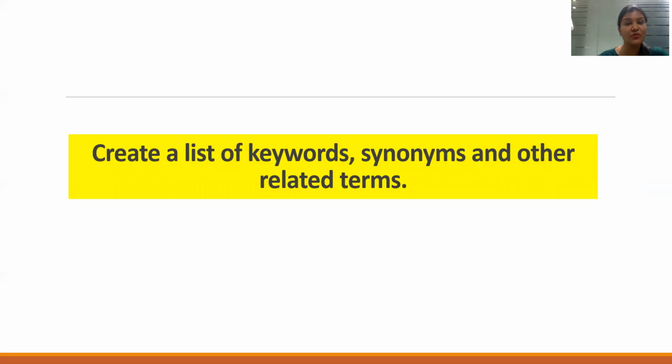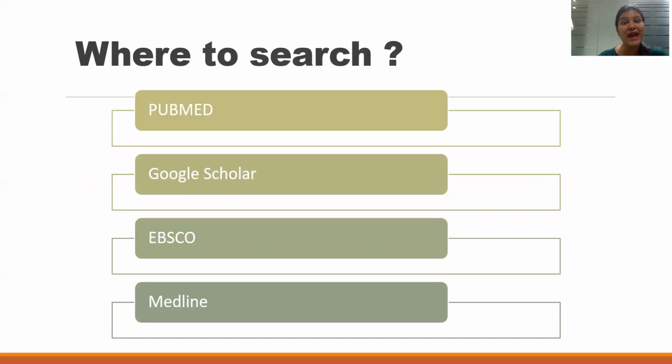Now, after you decide on a topic, the first thing you should do is create a list of keywords, synonyms, and other related terms, so that you can go about searching for these keywords and synonyms on Google. And where do you have to search? You have to search the PubMed database, Google Scholar, EBSCO, and Medline.